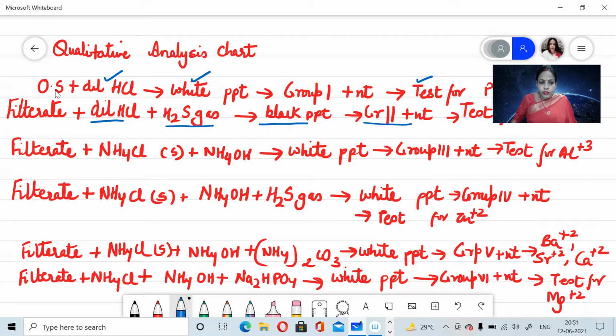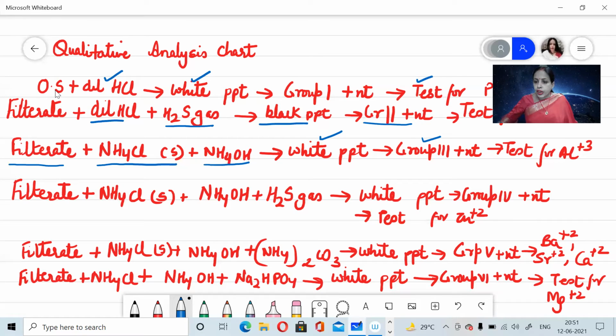Now, to the filtrate of the second group, we will add the group reagents of the third group, which are solid NH4Cl and ammonium hydroxide solution in excess. If I get a white precipitate, it indicates the presence of group 3 and we will again filter the solution. The filtrate we will use for the analysis of the fourth group and with the precipitate we will test for aluminum ion.